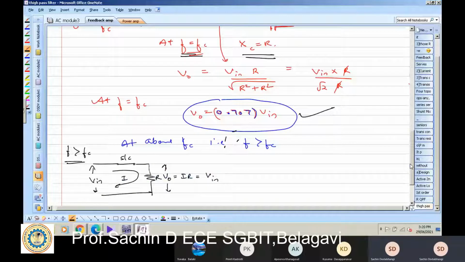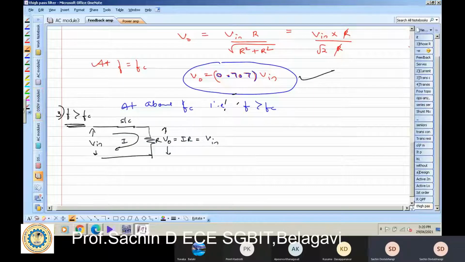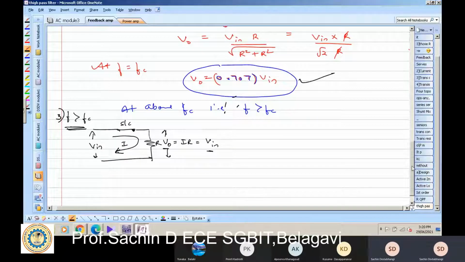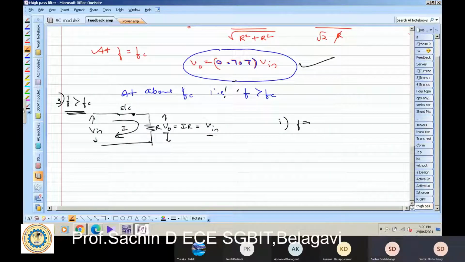After cutoff frequency, third case, if the frequency is very much high, then the capacitor will act as a short circuit. So when it is acting as a short circuit, output voltage is equal to input voltage. Got it? So first case, frequency is 0, the capacitor will act as an open circuit, so output voltage was equal to 0.